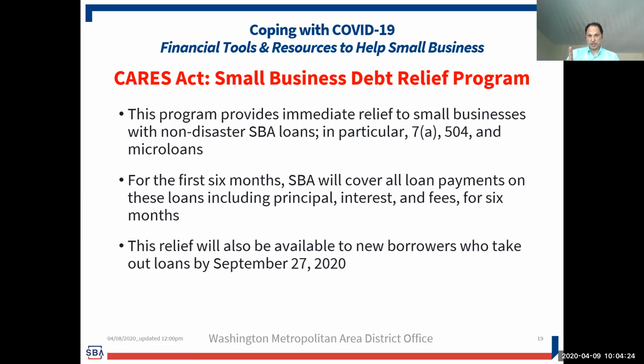Remember I said your 7A lender can give you a deferment, but if they don't, the SBA is going to cover all loan payments for 6 months. This relief will also be available to new borrowers who take out loans by September 27, 2020.